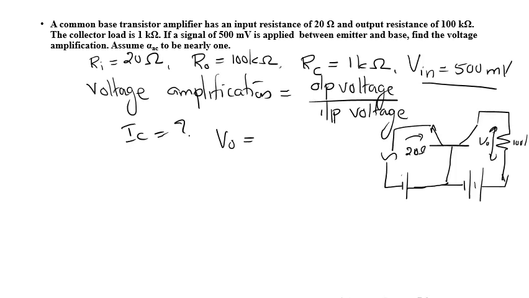VO in this case is IC into RC, so we have to find IC first. To find IC, we have to find IE, the emitter current. The emitter current can be obtained by dividing the input voltage by the input resistance.